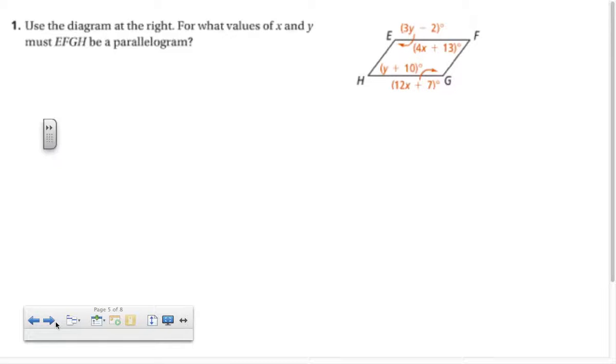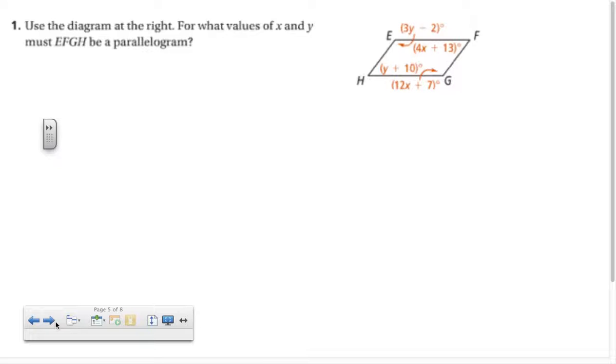So this is where you need to move on to what else you know about angles in a parallelogram. Yes, the opposite angles are congruent, Michael. Right, remember consecutive angles are supplementary. So these two y angles, they add up to 180. Same thing with these x angles. They add up to 180.